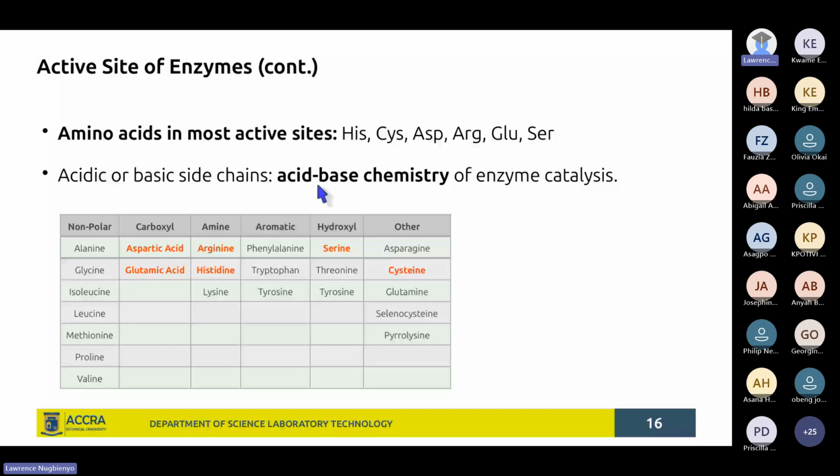Similarly, you do have arginine and histidine. Arginine is having some extra amine group in its side chain. So of course, that amine group will be acting as a base. And you have histidine, which is having what we refer to as an imidazole ring.